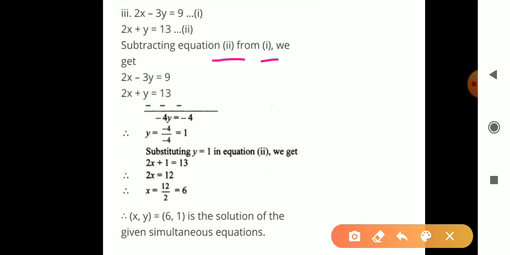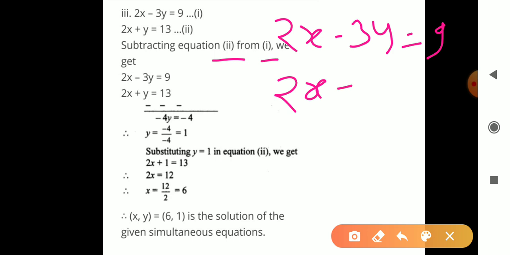So write the first equation, 2x minus 3y equal to 9, and minus the second equation, 2x plus y equal to 13.